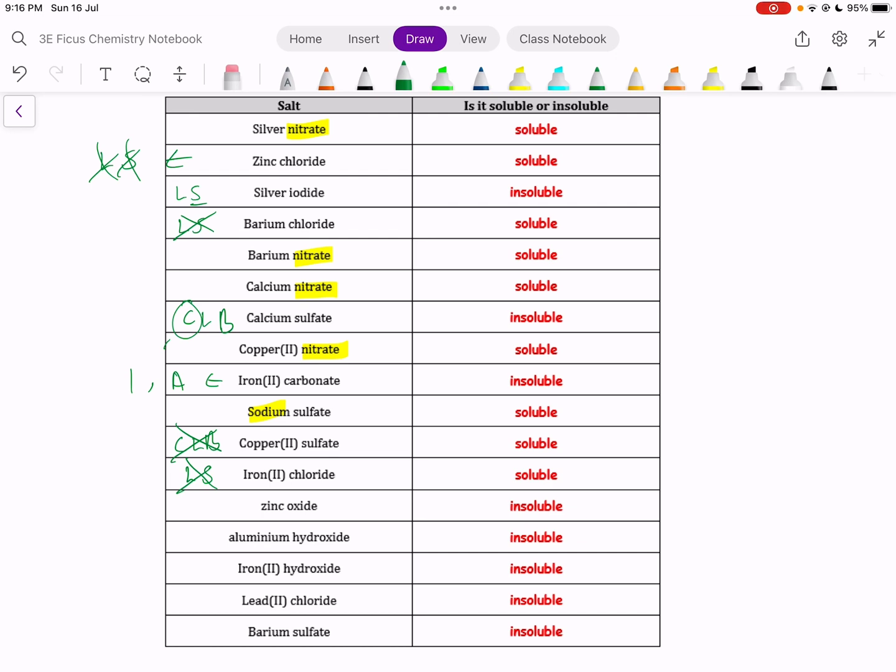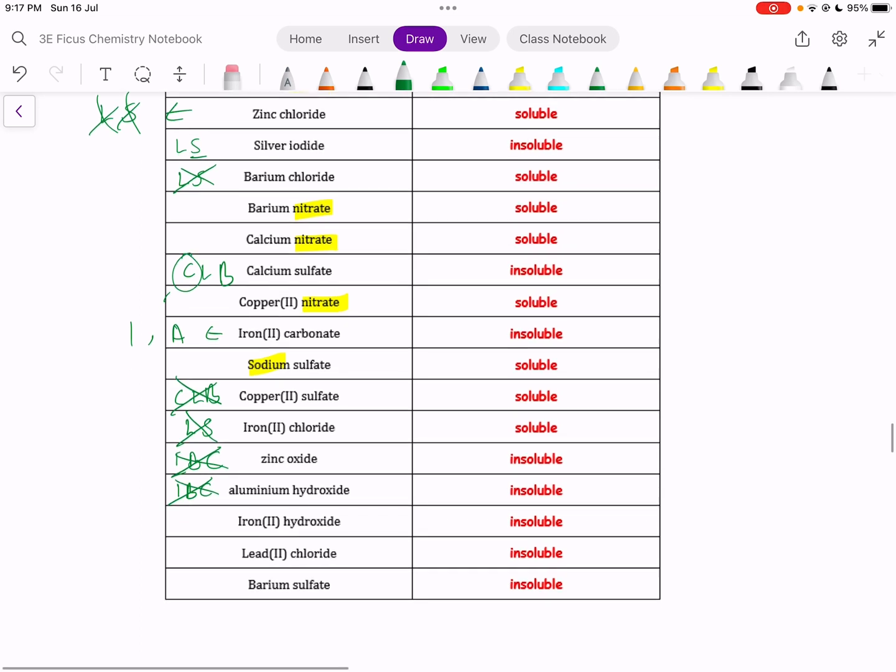Then you have zinc oxide. This one is not your 1BC, not group 1, not barium, not calcium, so definitely insoluble. Then the next thing is aluminium hydroxide. Also not 1BC, so definitely insoluble. Likewise for the next one, also not 1BC.